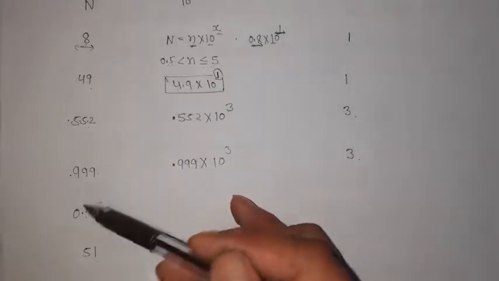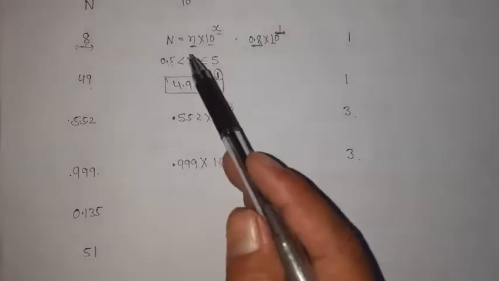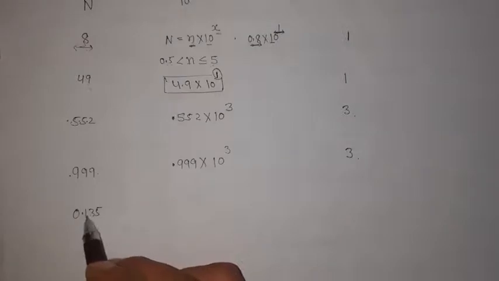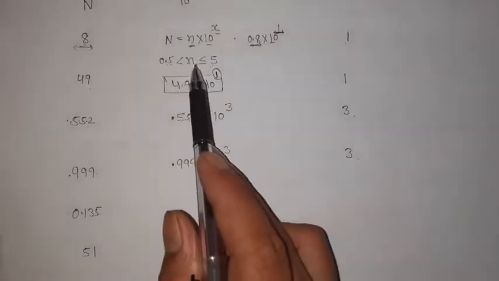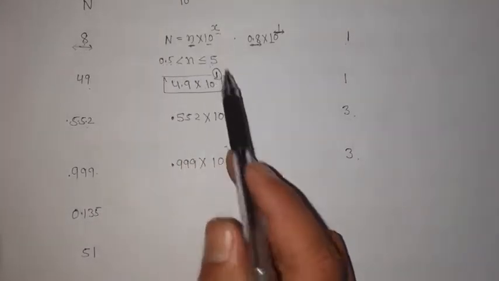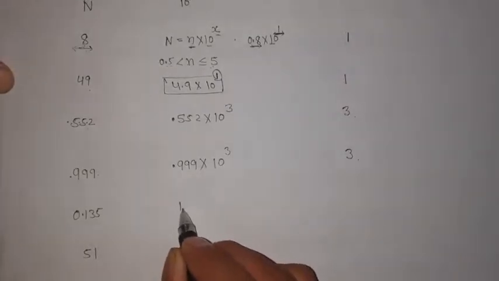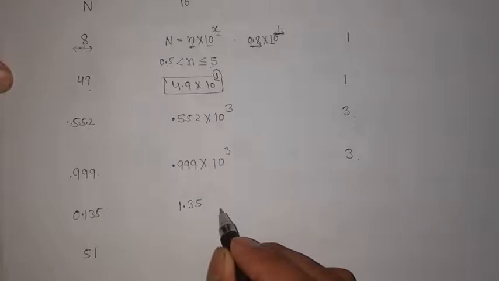So what do we have to do? We have to make it greater than 0.5. To make it greater than 0.5, if I shift the decimal towards the right, it becomes 1.35. If I write it as 1.35, then this value will be greater than 0.5 and smaller than 5. So what I have to do over here is shift this decimal after this 1. So thus it is 1.35.